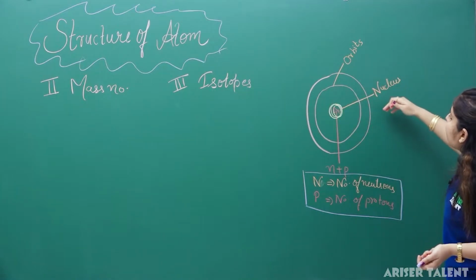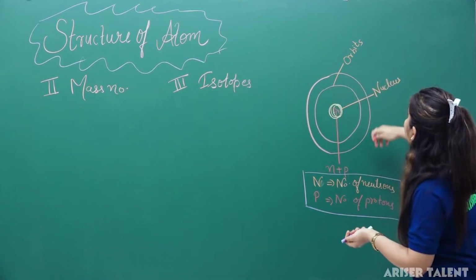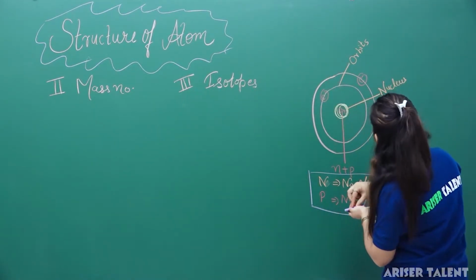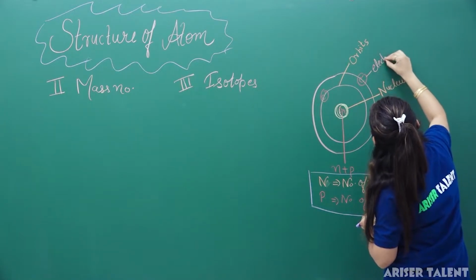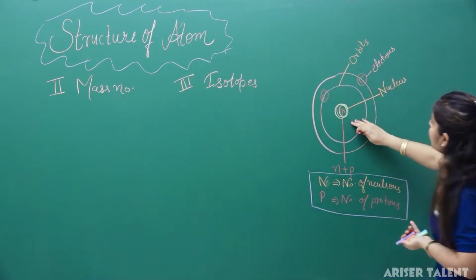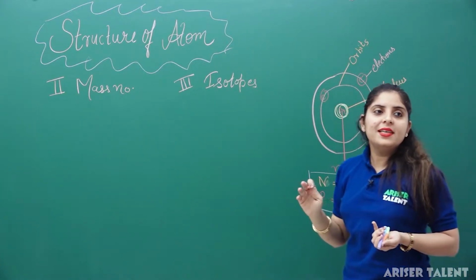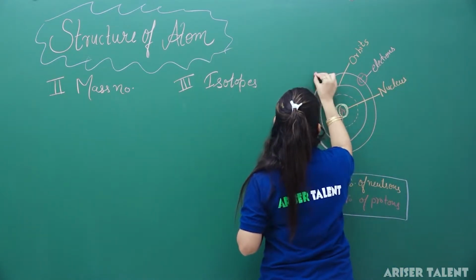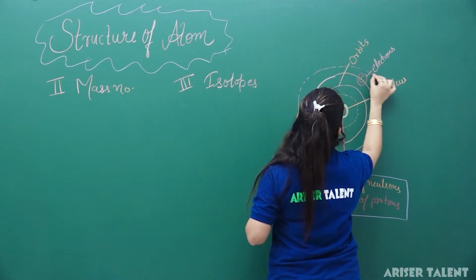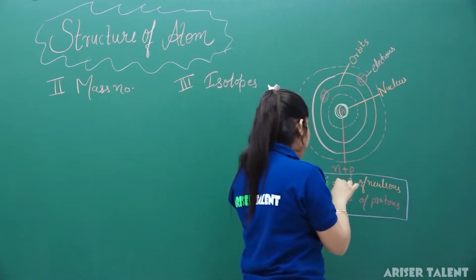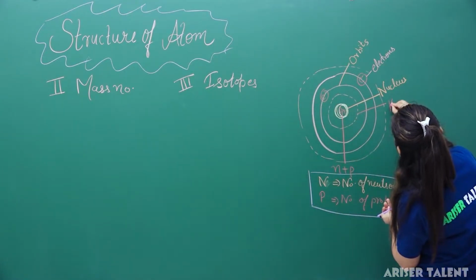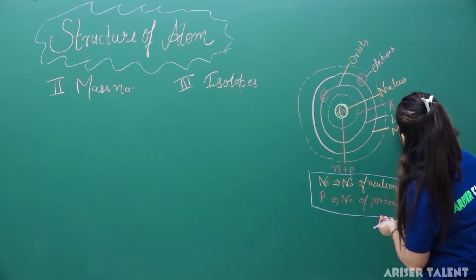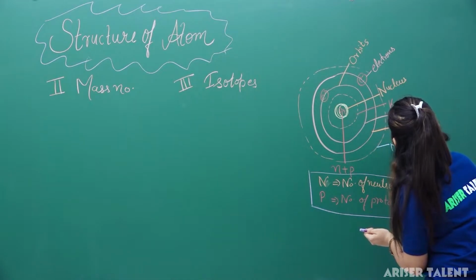These shells are called orbits. In these orbits, the electrons revolve. We have different electrons in different shells. After the nucleus, we have four shells, that is K, L, M and N. We can write it as K shell, L shell, third is M shell, and fourth is N shell.